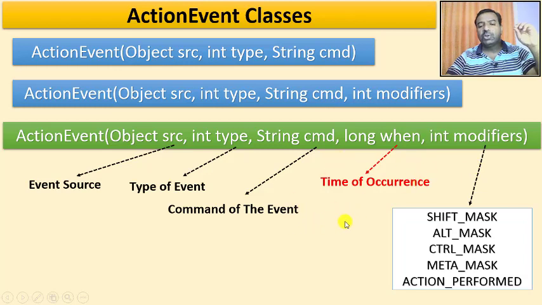So with the mouse over here, clicking a mouse at this time is different than clicking the mouse at a different time. Hence, when the event had occurred, if I want even the time of occurrence, I can get it from this parameter.